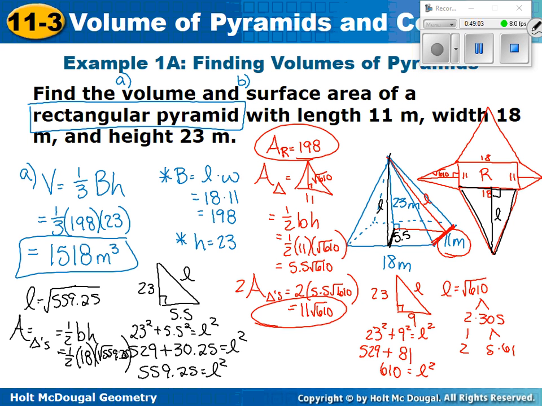This was 18. So what is half of 18? 9. But again, we have 2 of these. So we're going to multiply it back and get 18. So the area of the other 2 triangles, I don't know why it keeps erasing, is going to be 18 square roots of 559.25.